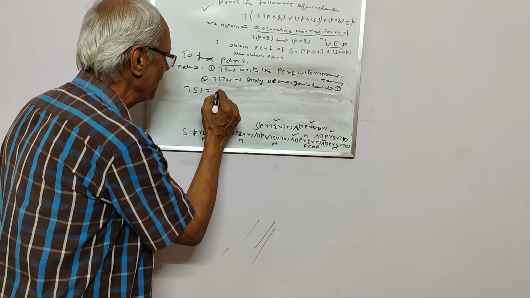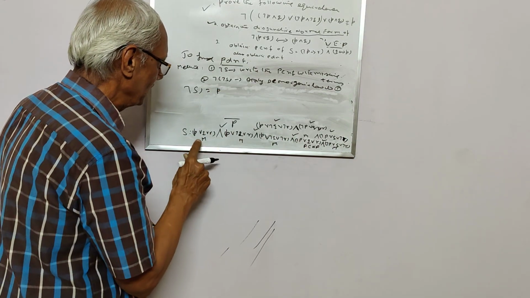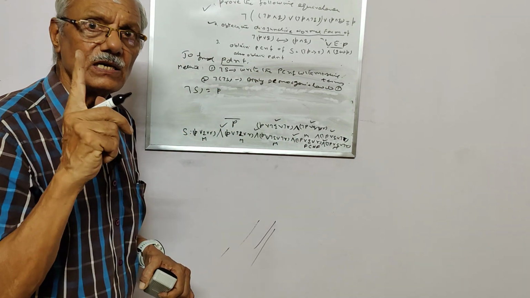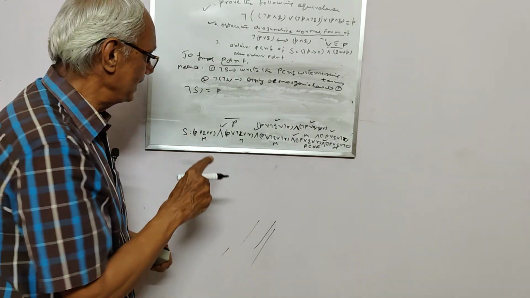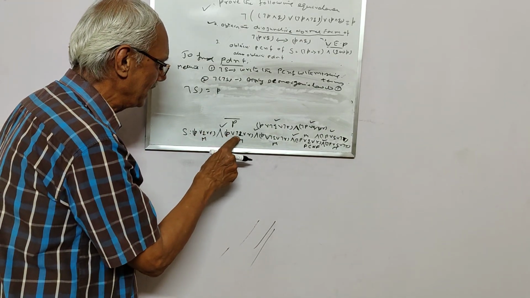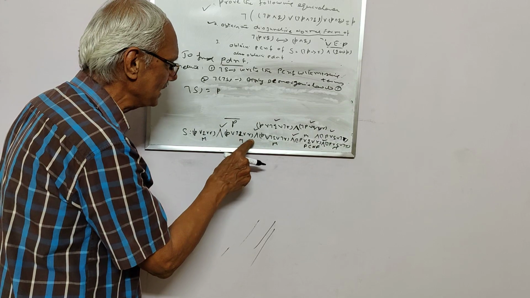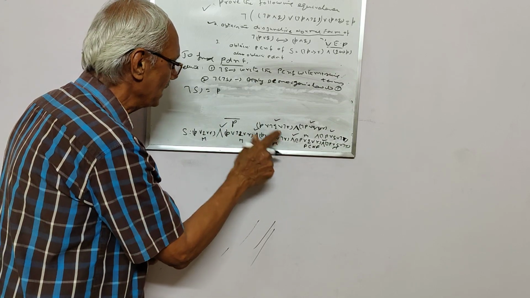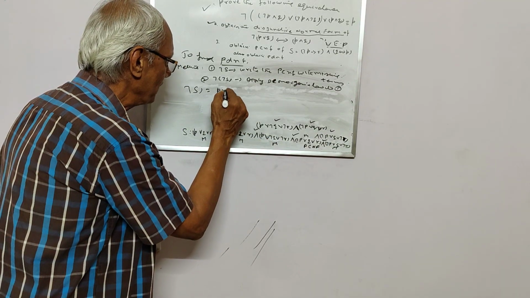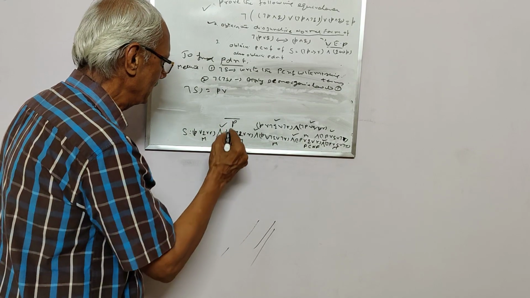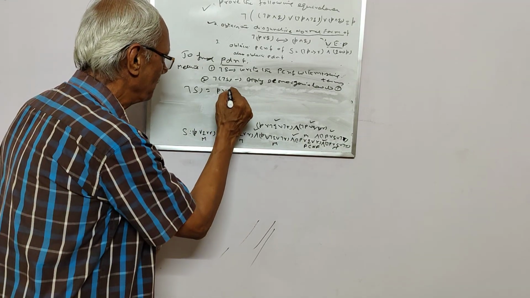Starting with P, only one term is missing. Only one term. It is P Q R, P negation Q R, and you must have here P negation. So the missing term is P.